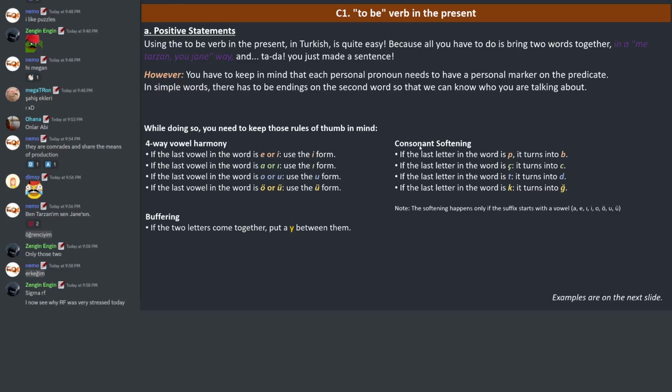You have to remember consonant softening, like with the "erkek" example. "Erkek" has k at the end. So when I say "ben erkeğim," I use a soft G. And then the buffer, "öğrenci." There's an i at the end, so I have a Y buffer. So examples are on the next slide. I will show you.